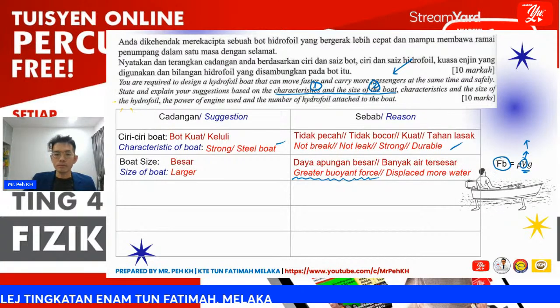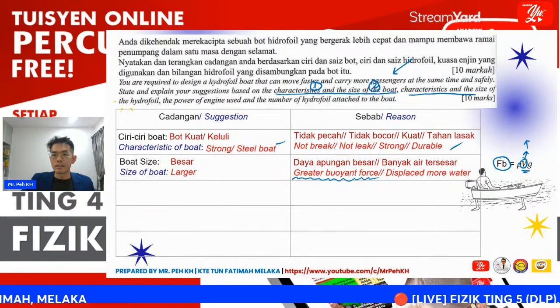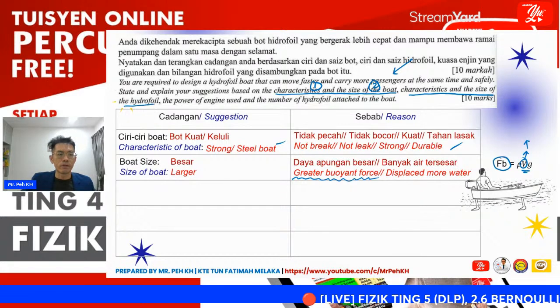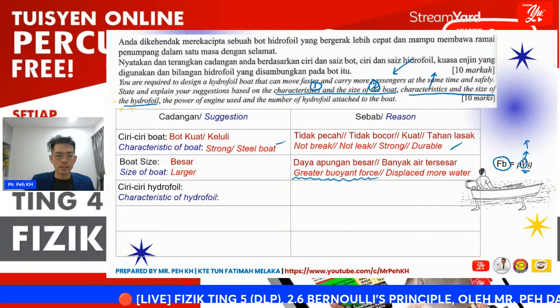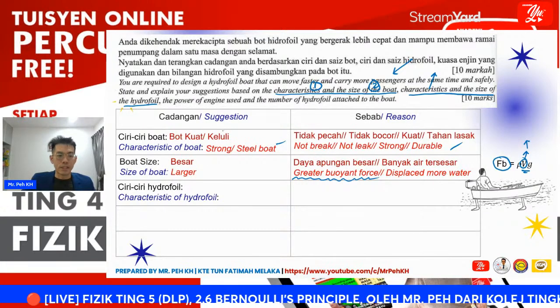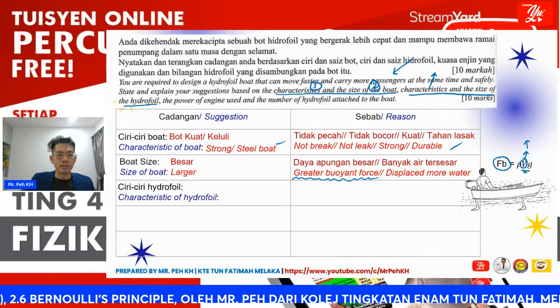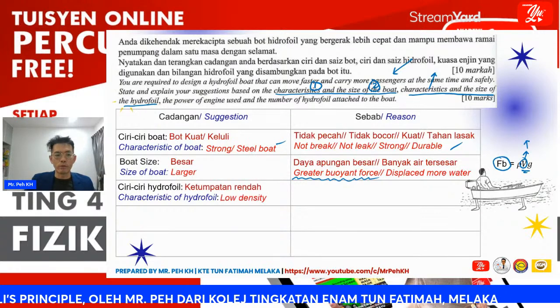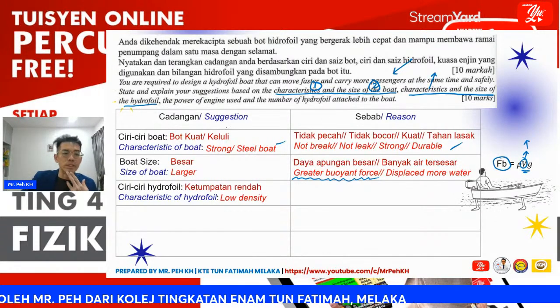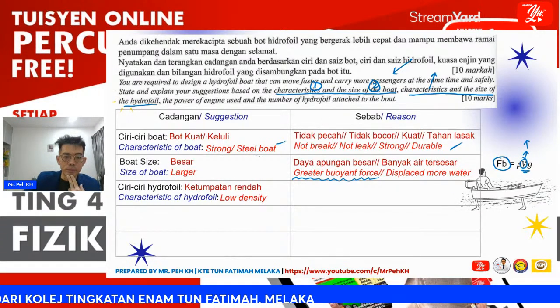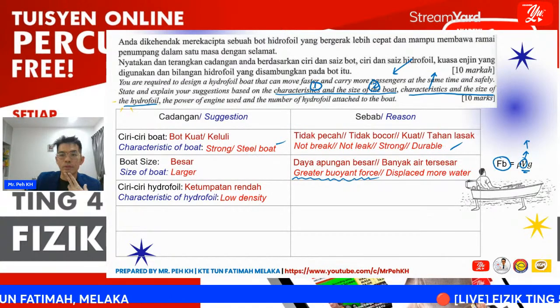Okay, then the next, you can discuss the characteristic and the size of the hydrofoil. For the characteristic, again, you can use the same suggested answer as the first one, related to the boat. The hydrofoil can also be strong, steel hydrofoil, with the same reason.